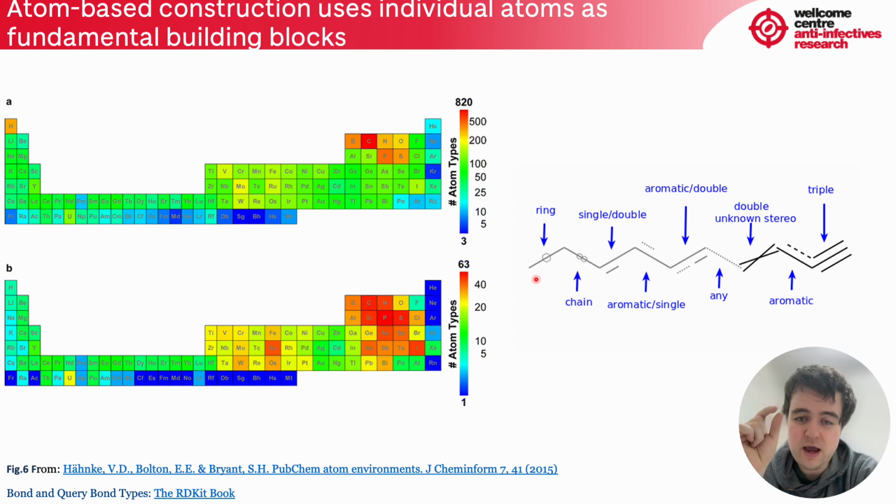So for example, we can put a carbon atom here, but is that carbon atom part of a ring? Is it part of a chain? Does it have a single bond, a triple bond, a double bond? Is it aromatic? Is it undefined stereochemistry? All sorts of different considerations. So certainly atom-based construction allows us to have an awful lot of control.